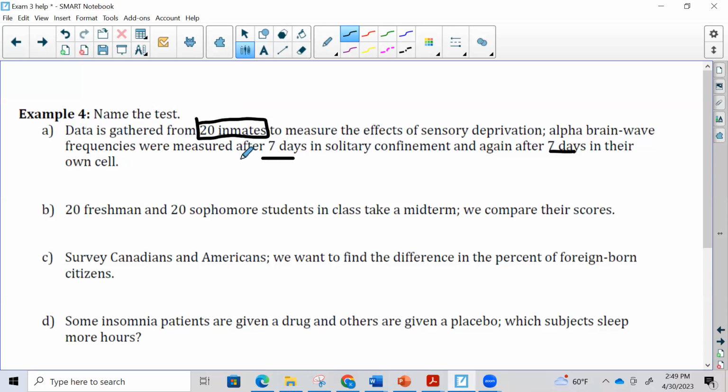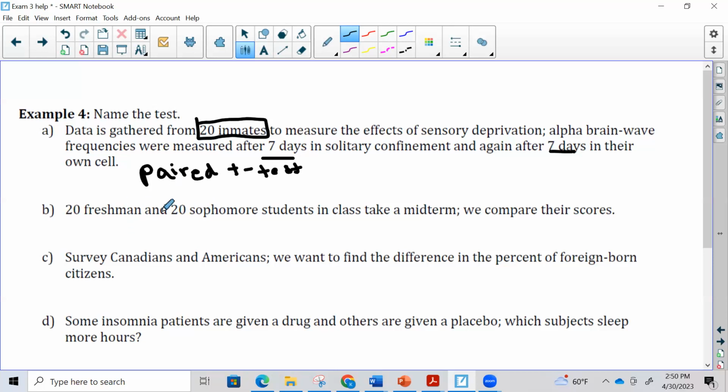And anytime you're collecting 2 sets of data on the same set of people, that is automatically a paired t-test. And so they will be comparing the averages that they get from these alpha brainwave frequencies. But how we know it's a paired t-test is because they're taking 2 sets of data on the same group of people. And that automatically means they're dependent groups, and the only test we've done on dependent groups is the paired t-test.